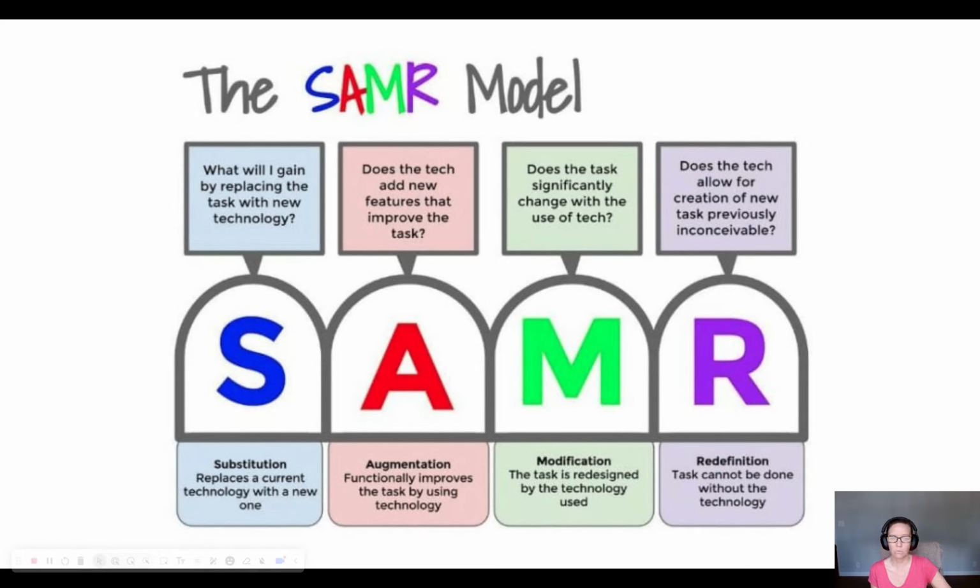And then the last model, which is redefinition, is when the tech allows for creation of new tasks previously inconceivable. And this is where we're trying to get to. Students are now turning their essays into multimedia persuasive videos using tools like Adobe Express or Canva and publish them on a class website or YouTube for a global audience. They include visuals, narration, and interactive polls.